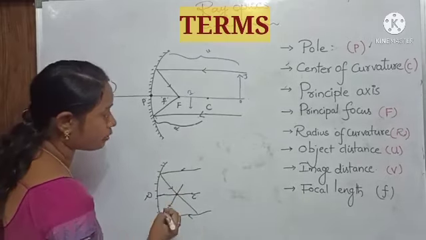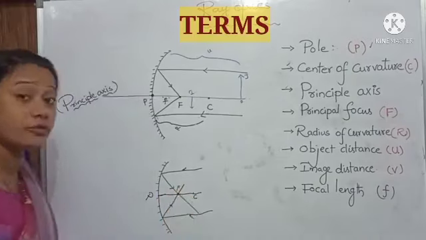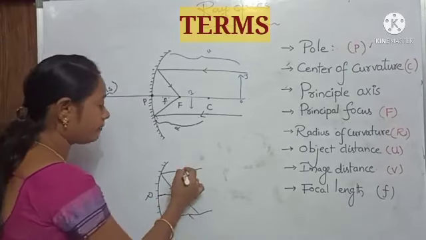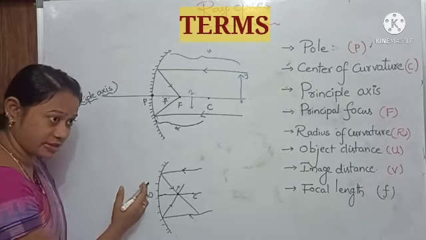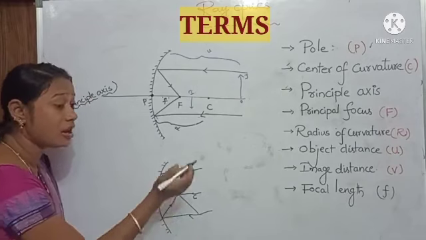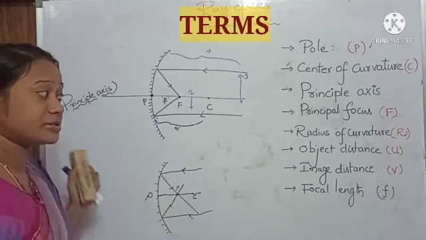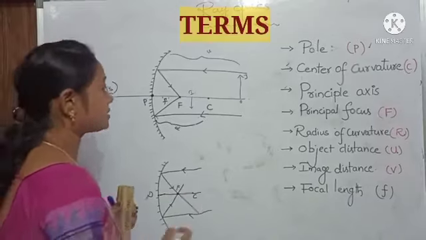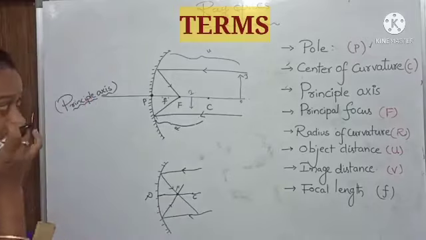This point is known as the principal focus. What is the principal focus? If we incident a parallel beam of light on the reflecting surface, the rays are reflected and will meet at a point. That point is known as the principal focus. It is represented with the capital F.